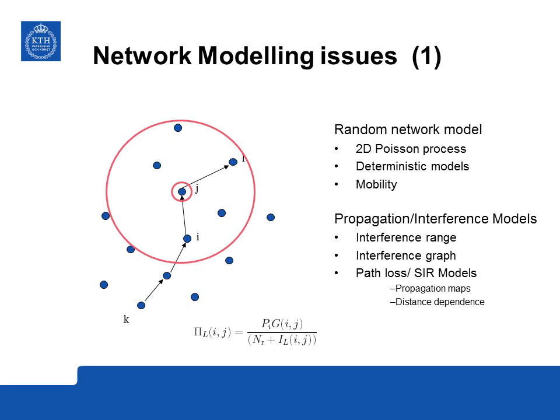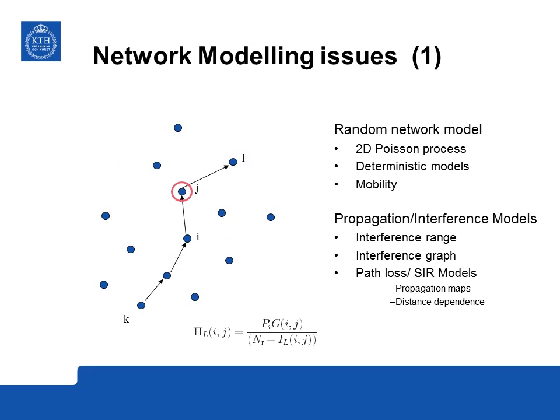So let's assume that if there is a transmission from any other node within this circle, the transmission is collided. This is a very simple model for collisions.